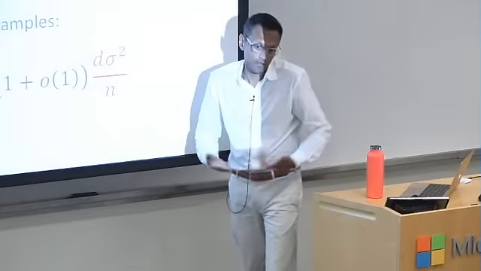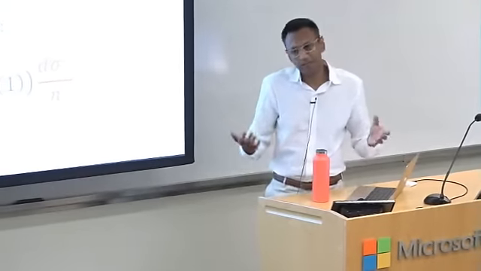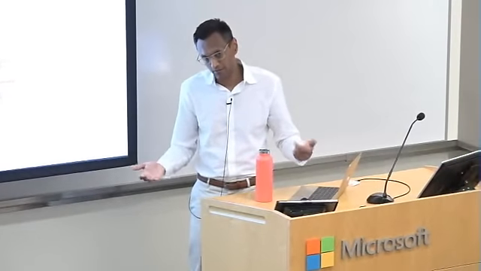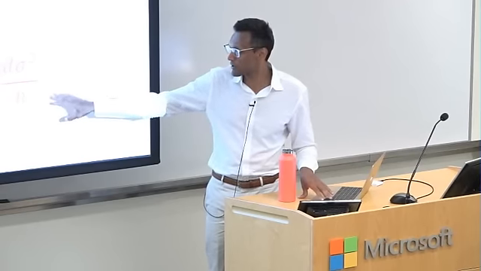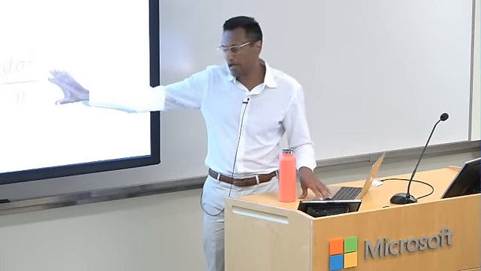Because I'm not going to be correct on every path, but in expectation I'm correct, and with stronger bounds we can say with high probability. Okay? But this is an important point: in expectation, this is the best rate, and this is true for large enough n.